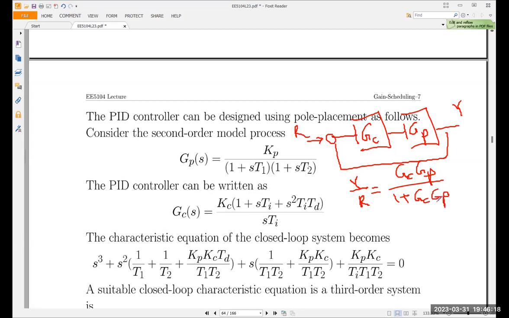And then pole placement means we look at the poles and make sure the poles are placed at a desired location. So this equation, now if you stick all this into GC GP, you will get this here.